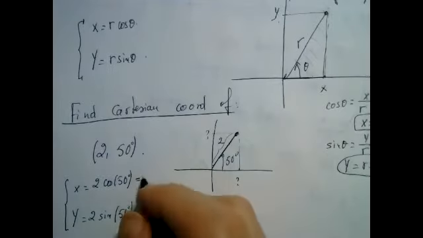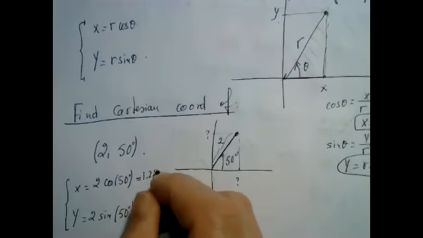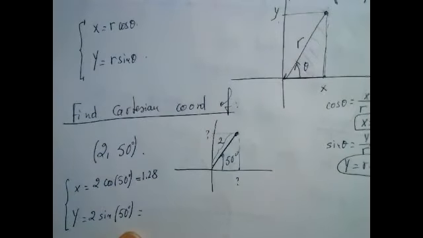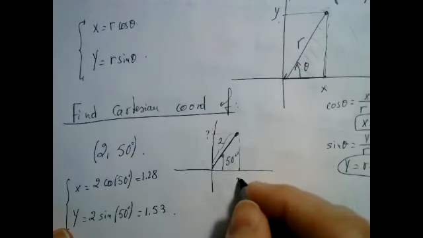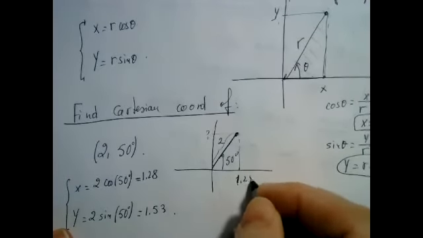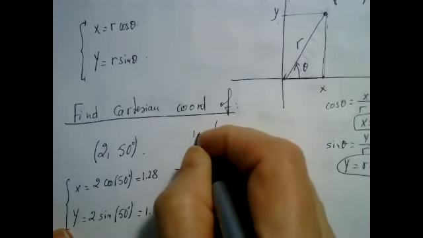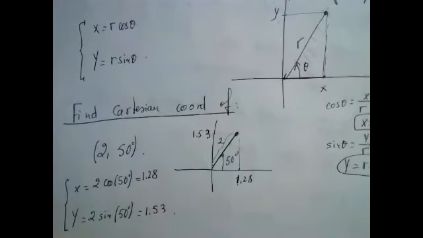Okay, I have Aaron, 1.28, thank you. And what do you get for the y? 1.53. So here, that's the 1.28, and that's the 1.53. So we know the x and y, and we know the r theta.